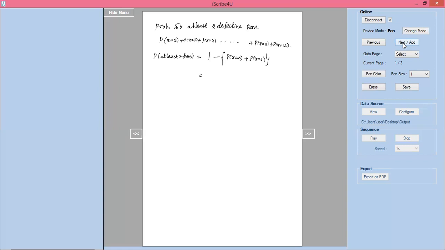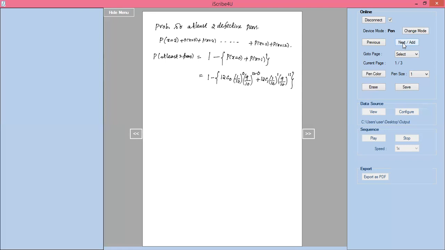Now you write 1 minus the probability of X equal to 0, which is nothing but 12C0 into 1 by 10 power 0. P(X) is nothing but p power x into q power 12 minus x, so 9 by 10 into power 12 minus 0, plus 12C1 into 1 by 10 whole power 1 into 9 by 10 whole power 12 minus 1, which is 11.